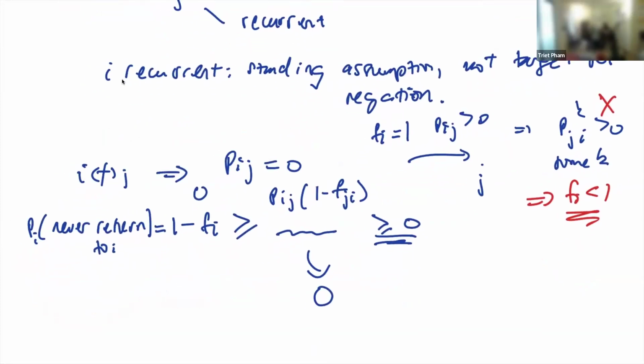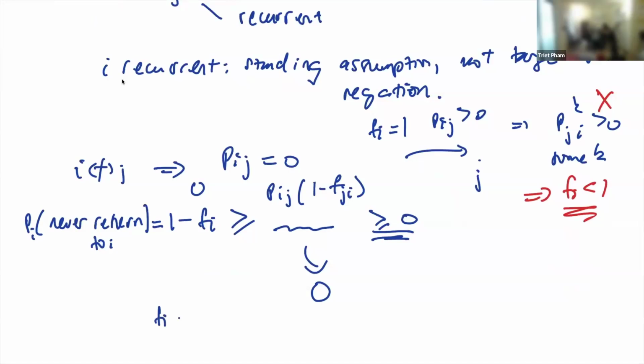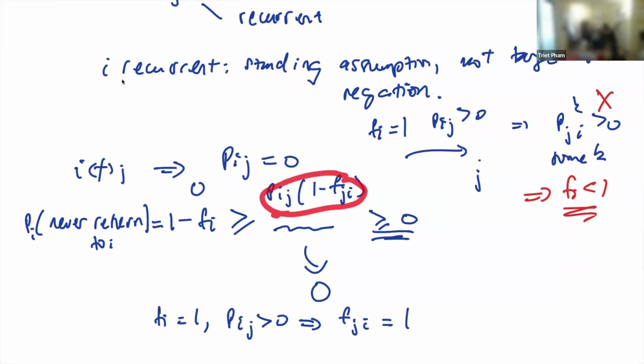Now, because Fi is equal to 1 and Pij is positive, this would imply Fji is equal to 1, because this has to be 0 and this is positive, so this is 0.